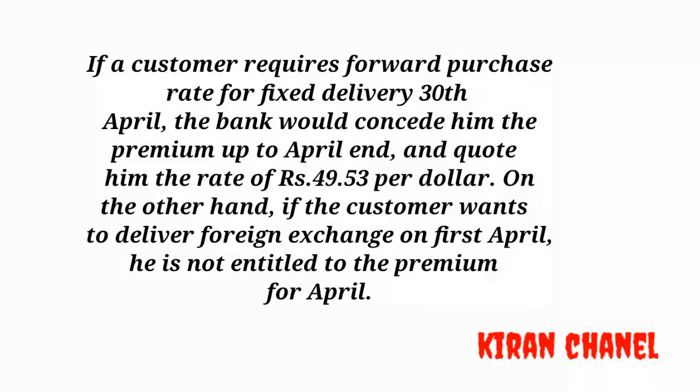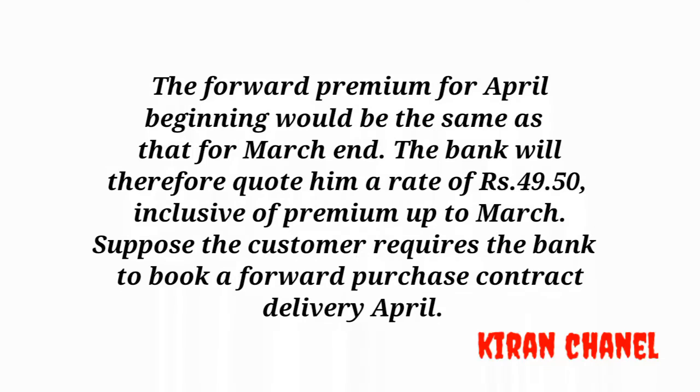On the other hand, if the customer wants to deliver foreign exchange on 1st April, he is not entitled to the premium for April. The forward premium for April beginning would be the same as that for March end. The bank will therefore quote him a rate of Rs 49.50 inclusive of premium up to March. Suppose the customer requires the bank to book a forward contract with option delivery in April.